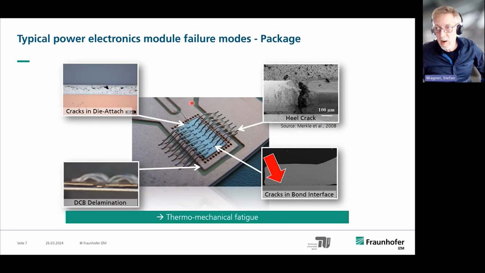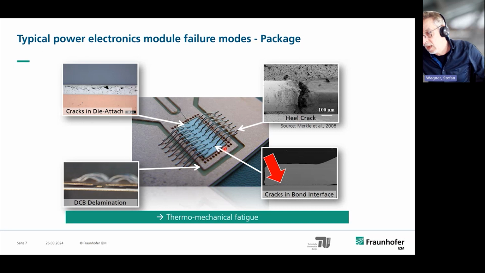The typical power electronics module failure modes in the package: you have cracks in the die attach, you have delamination on the substrate level. Here you see delamination of the DCB. You have cracks in the bond interfaces or heel cracks of the bond.